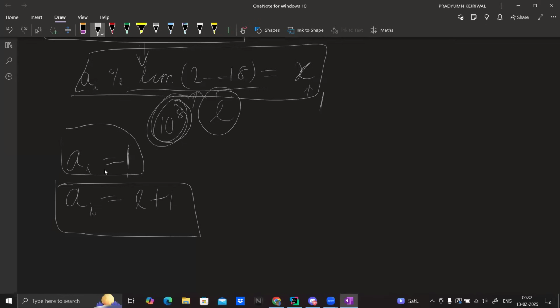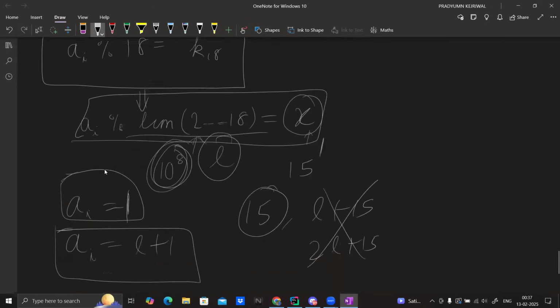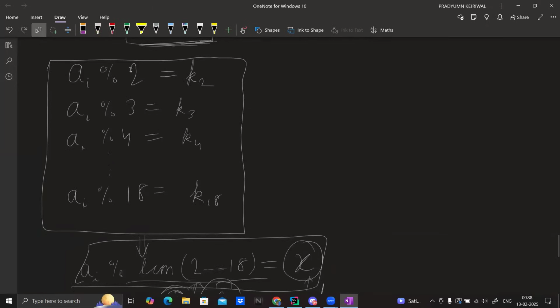It can be only 1. Actually, this 1 is just an example. If x was 1, then the answer would be 1, L plus 1 and so on. But let's say x was something like 15. Then the answer would be 15, L plus 15, 2L plus 15, and so on. But definitely these numbers cannot be it, so the only possibility is 15. So if all the numbers in the entire array are equal to 15, then only is it possible that they are equal modulo all of these numbers.